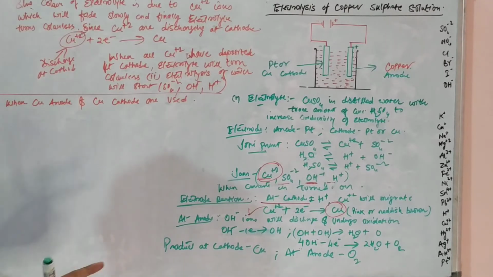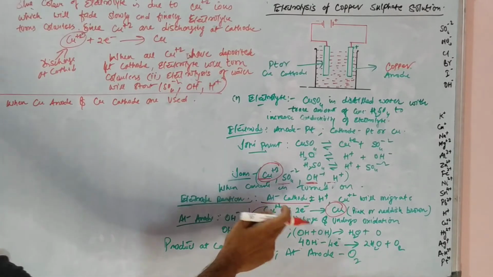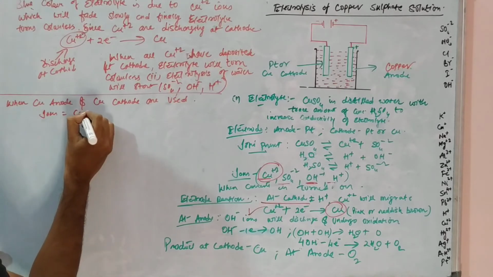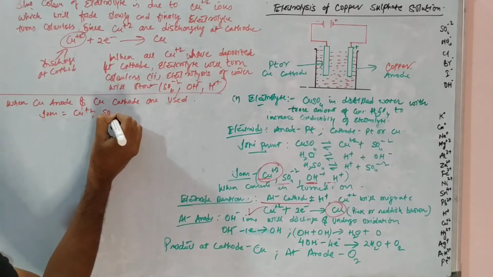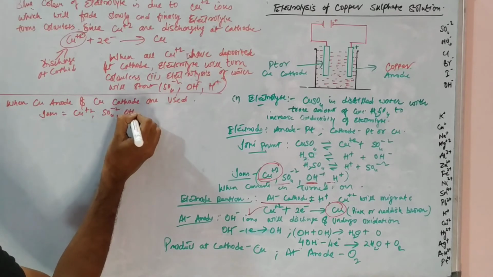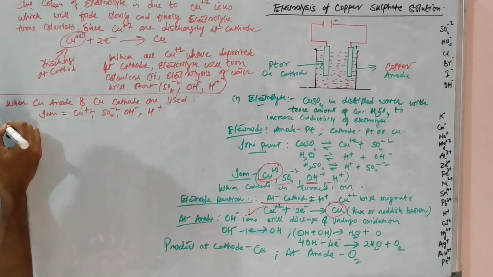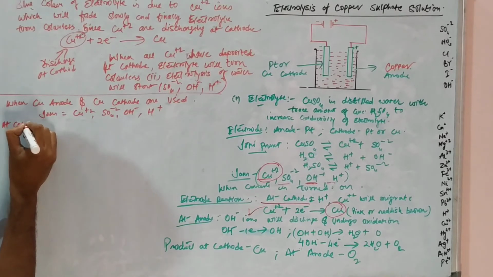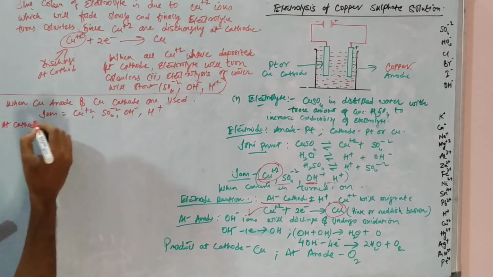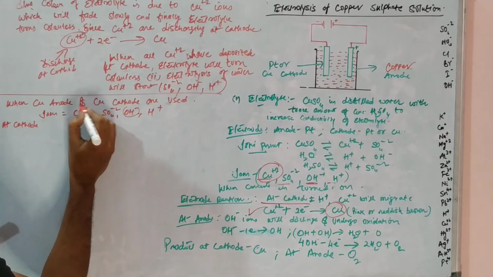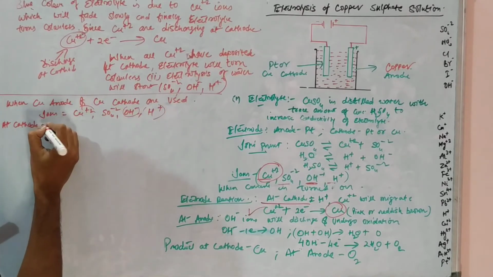The ions would remain the same: copper ions, sulfate ions, hydroxyl ions and hydrogen ions. So at the cathode, the cations, copper and hydrogen, will migrate.